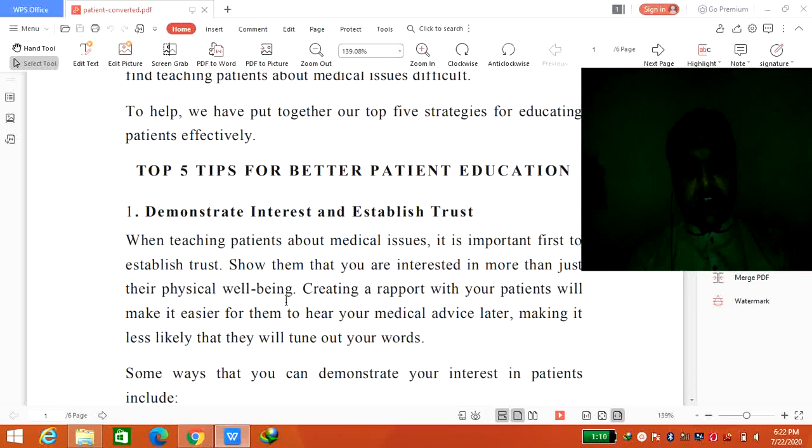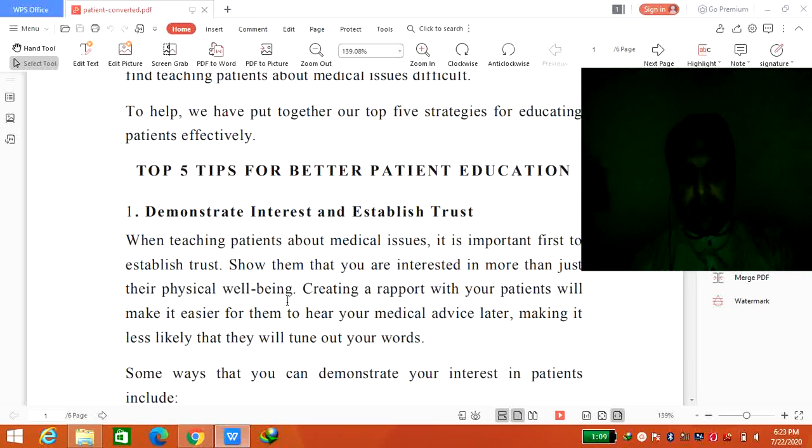That I am thinking of you and of your better interest regarding your disease condition. You have to satisfy the patient, and demonstrate in a very good way in order to establish your trust.